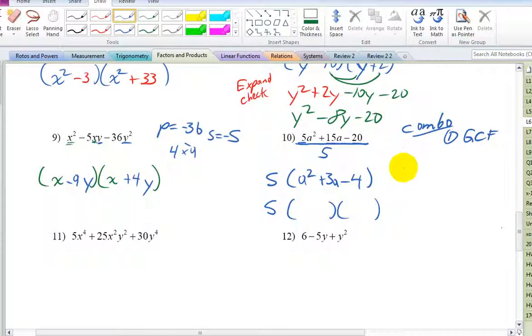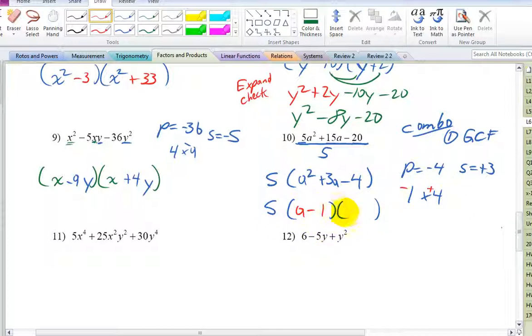Okay. So now you can do sum and product. Product is negative 4. The sum is plus 3. Go ahead. See if you can figure it out. So we want a plus 3, so this must be a plus 4 and a minus 1.